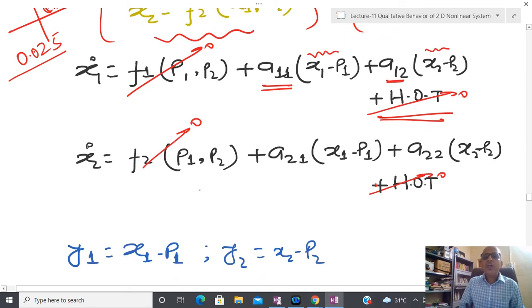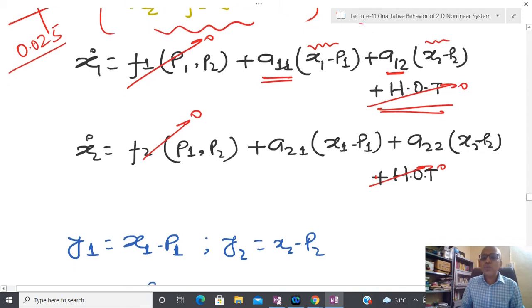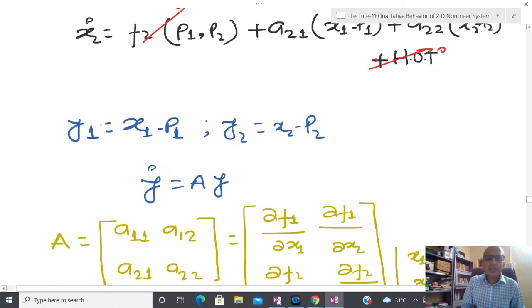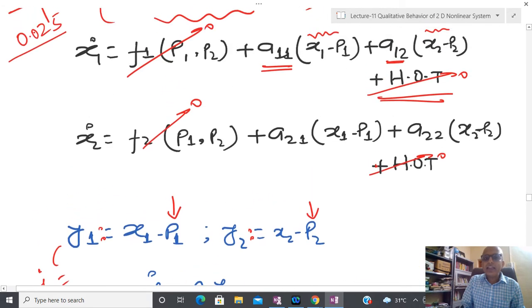Okay, now I am going to define a new coordinate frame, in which y1 equals x1 minus p1, and this is the definition, y2 equals x2 minus p2. Here, for simplicity, I am assuming that this is some kind of constant. If that is constant and you take the derivative, you can see that y1 dot equals x1 dot, and x1 dot you know from here, that is a11 times (x1 minus p1) plus a12 times (x2 minus p2), because this is already 0.